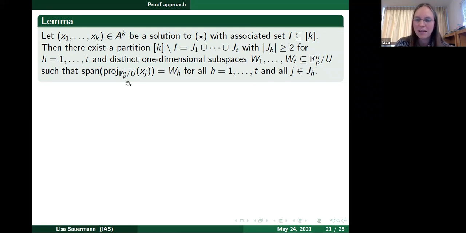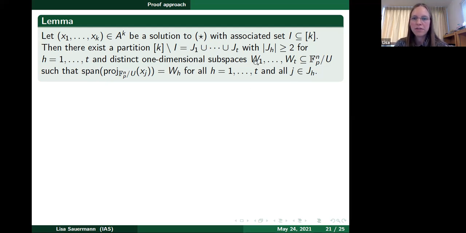The details are maybe a bit fast here, but the point is we again take the same quotient space that we did in this complicated definition earlier for associating the set I. And so in this quotient space, we now have that for every j outside I, the span of the projection of xj into this quotient space is equal to Wh if j is in Jh.